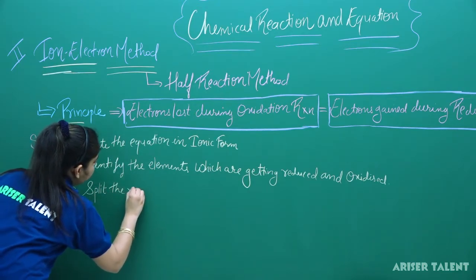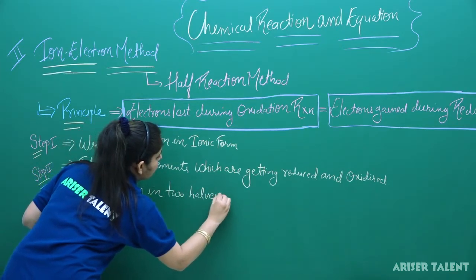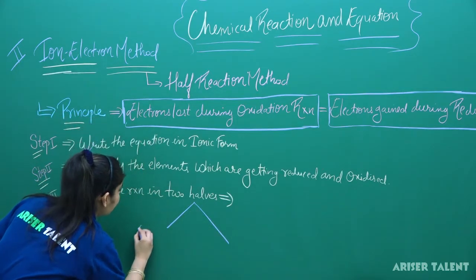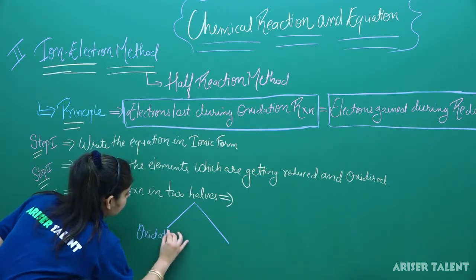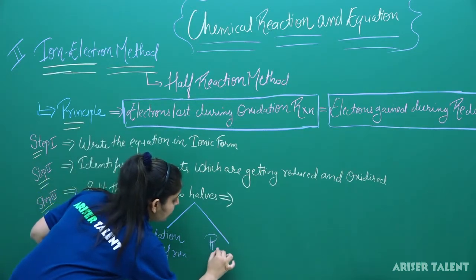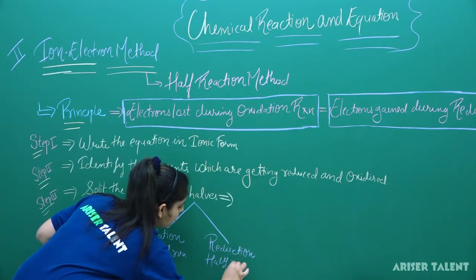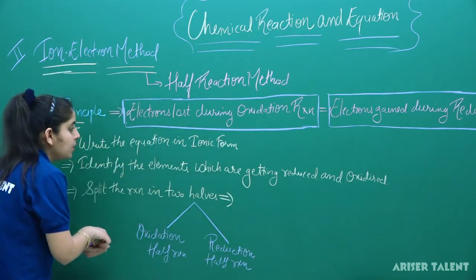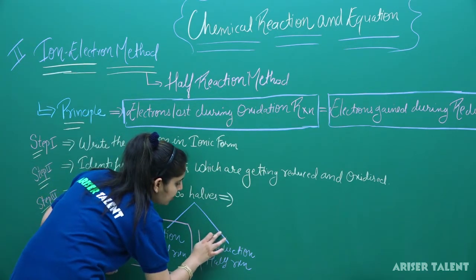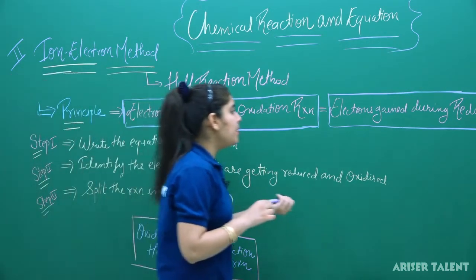We will split the reaction into two halves, and the first one is the oxidation half reaction and the second one is the reduction half reaction. So this will be the third step, that we will split the equation into two parts, the oxidation half and the reduction half.